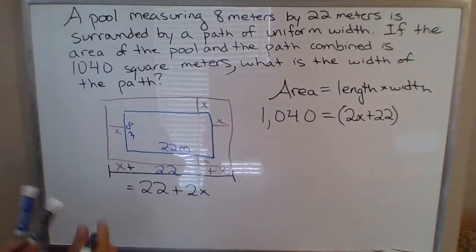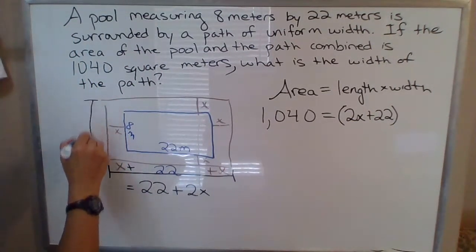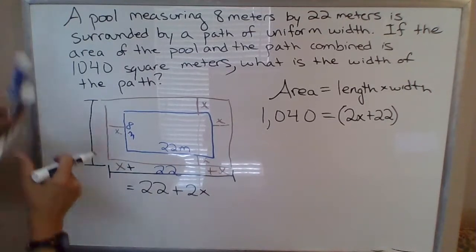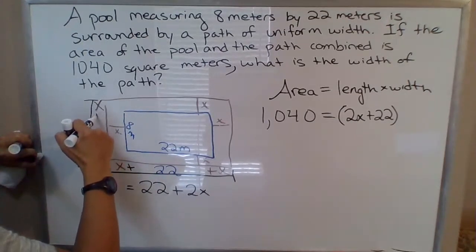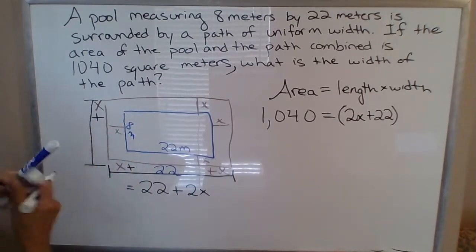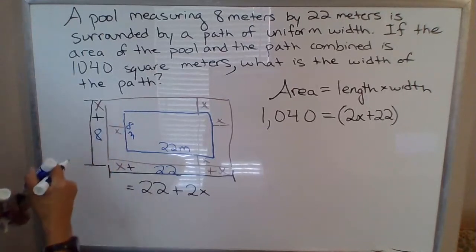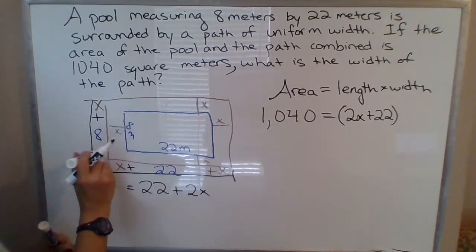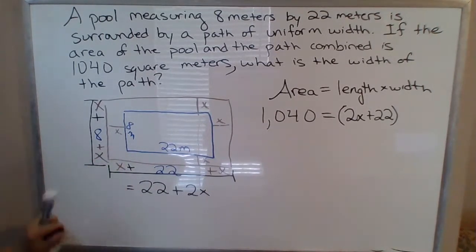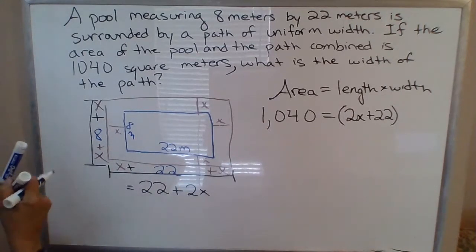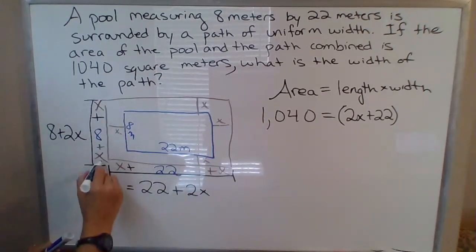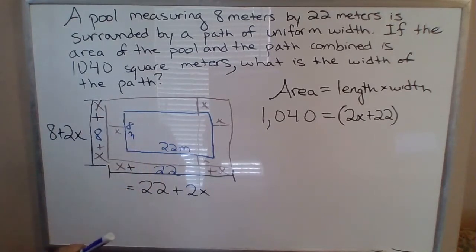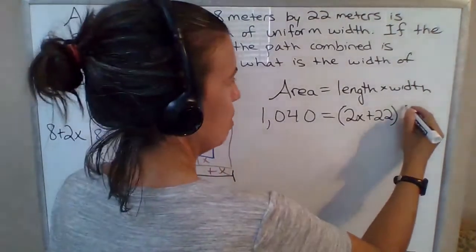If you work your way across the width, you have x meters at the top for the path, and then you have 8 meters in the middle for the pool, and then you have another x at the bottom for the path again. So you have the 8 meters for the pool plus 2x, because x on the top, x on the bottom, added to get the overall width here. So the width is 2x plus 8.